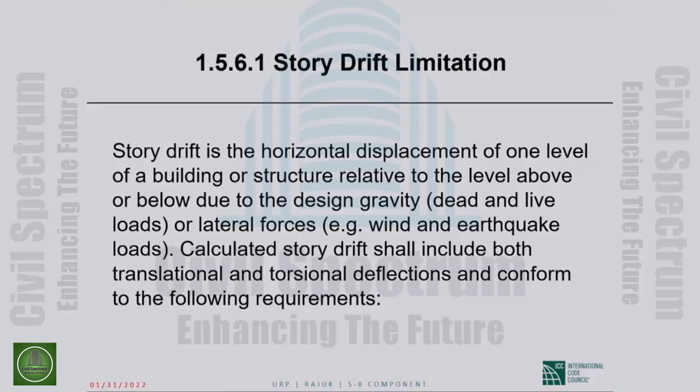Okay, so it is basically the deflection at the top of the story minus the deflection at the bottom of the same story. That is story drift, and we sometimes just call it drift. Deflection at the top of a story minus the deflection at the bottom of the same story, okay, caused typically by lateral loads. So story drift is the horizontal displacement of one level of a building or a structure relative to the level above or below due to the design gravity, dead and live loads, or lateral forces, wind, earthquake.